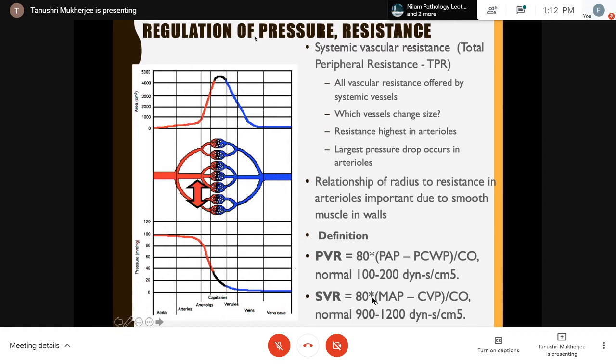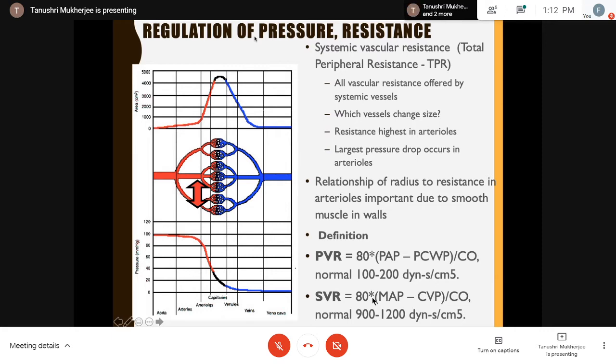Not too much calculation is required, but basically once you are asked how the cardiac output or the stroke volume is measured, a few terms have to be known. Because in the regulation of blood pressure chart, these all things will come later. So it is basically good to have a basic knowledge of this.